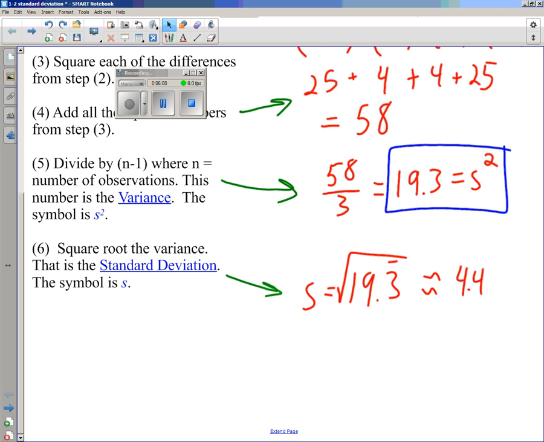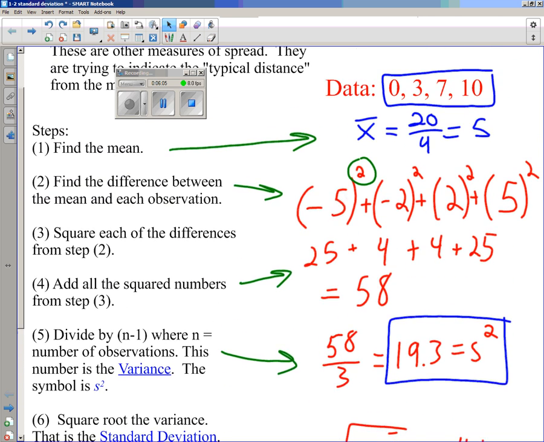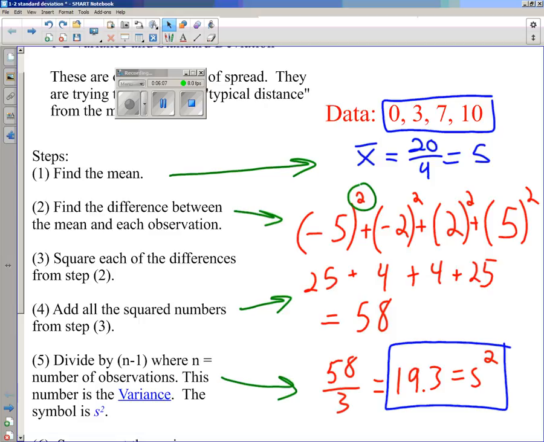So it's kind of like the average, typical distance from the mean. So if the mean is 5, and this guy's 5 units away, this guy's 2 units away, 2 units away, 5 units away, standard deviation is saying that roughly about 4.4 is a typical distance, right? And the bigger that number is, the more spread out the data is.